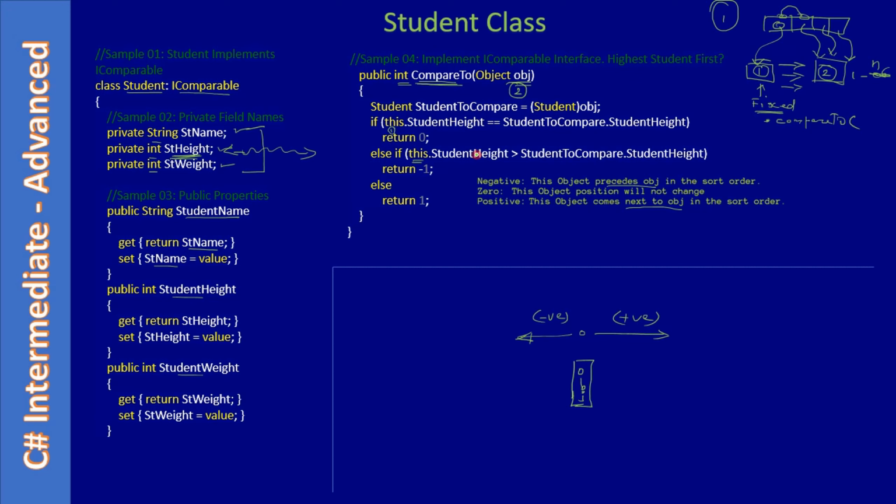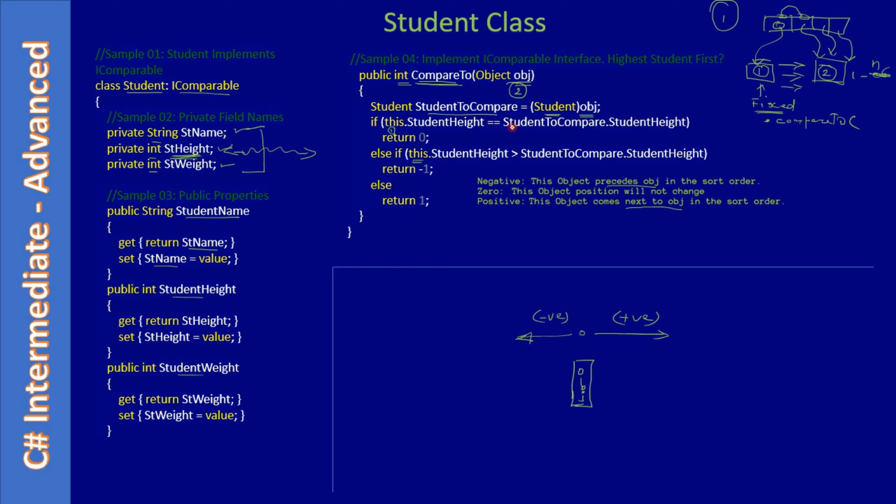So when student height is greater than obj, in the sense, here if you see the incoming parameter obj, we are typecasting it to student inside this CompareTo, and we are naming this as student to compare. You can put any reference name, but here for easy readability we kept student to compare.